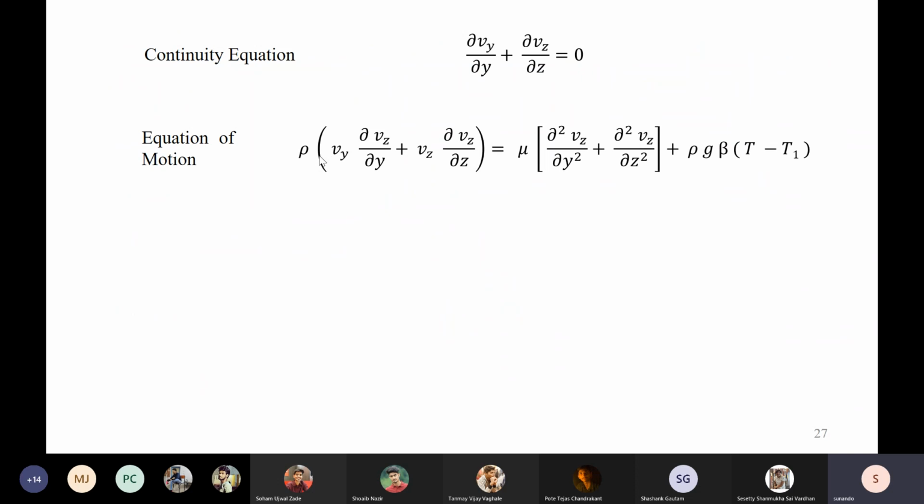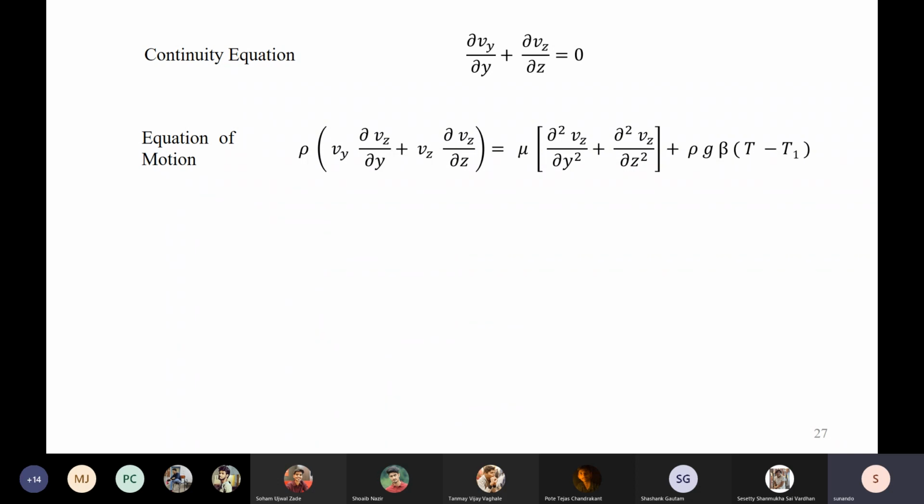So if it is steady state, then obviously the del v z del t term is neglected, and the other term that I have neglected is vx del v z del y. I have initially mentioned that in the z direction, the plate is too wide, so there is no velocity to consider. So therefore the Vx term, the second term when you expand the substantial derivative, has been neglected.